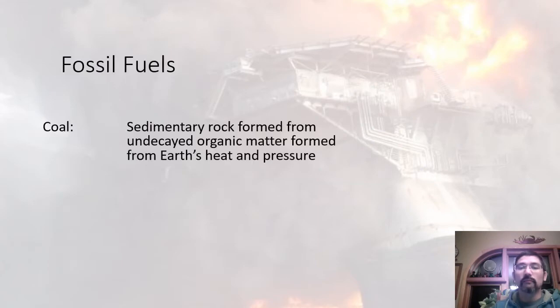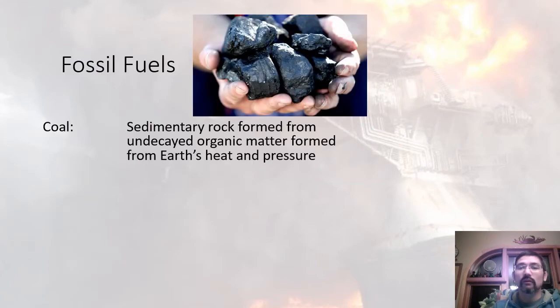Coal is just a black substance that's almost all carbon. It's made from undecayed organic matter that's compressed and transforms into a sedimentary rock. There are two types of coal, and what we're looking at is called anthracite coal, which is more compressed.